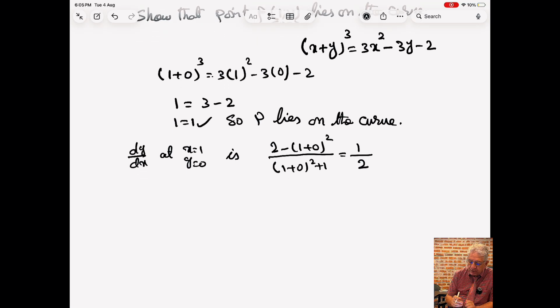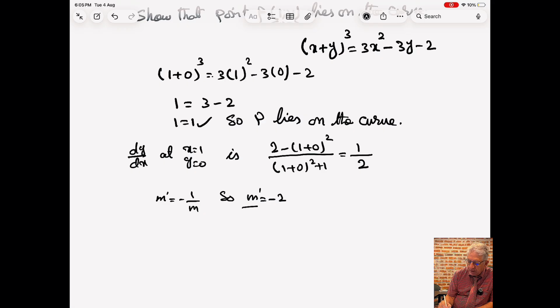Now, if I want to find the gradient of the normal line, I should multiply by negative and reverse it. So we know that m dash is equal to negative 1 over m. So m dash, that means the gradient of the normal line, is equal to negative 2.